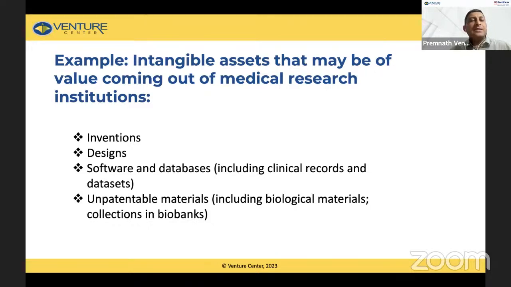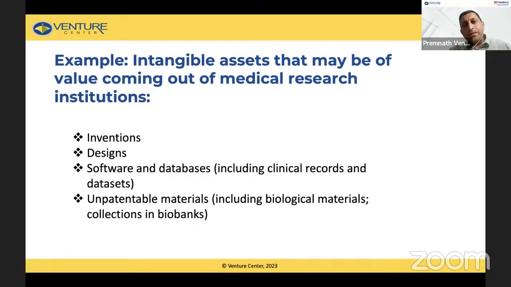So the question is, if there are intangible assets, what are the mechanisms to protect them, and to formally own them, which is what the formal intellectual property rights systems of various countries provide as an opportunity.